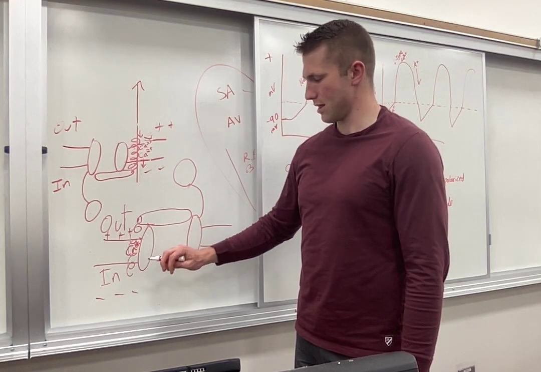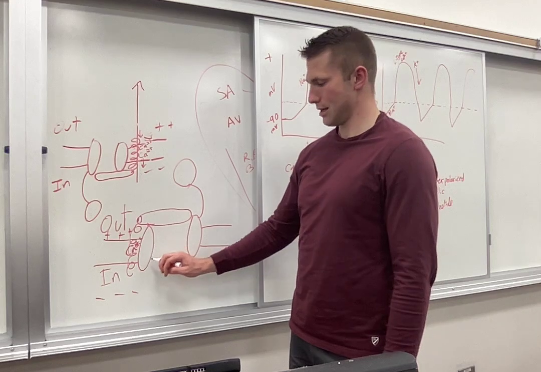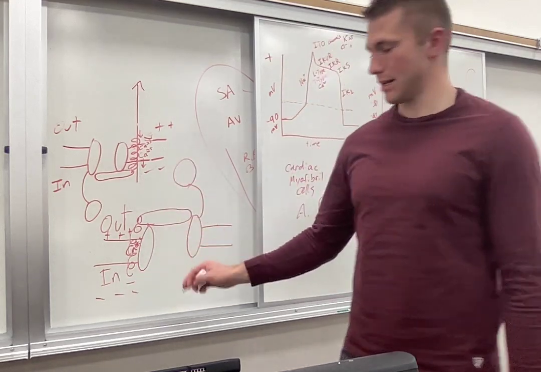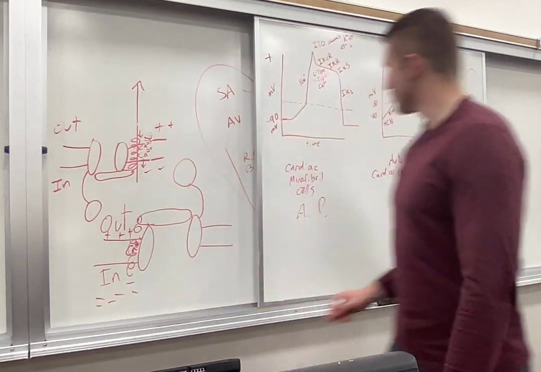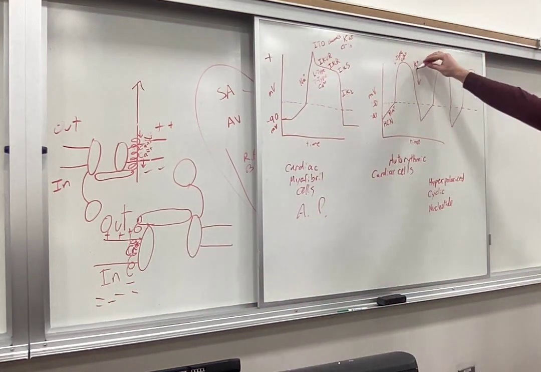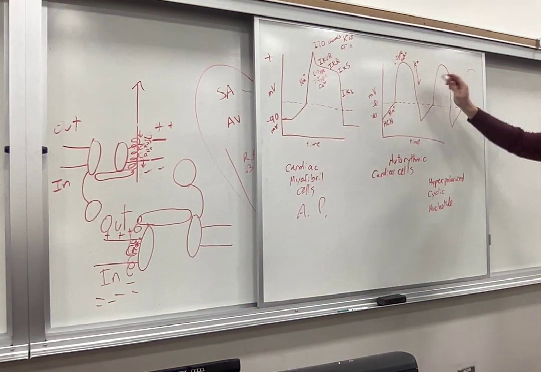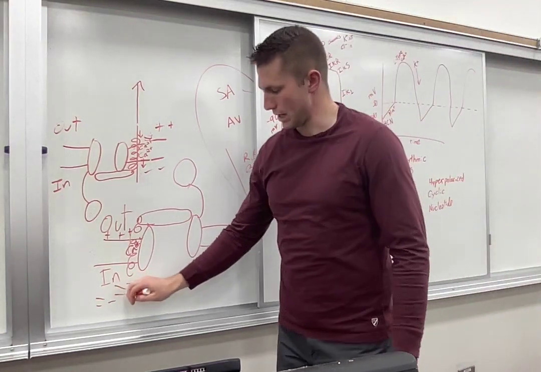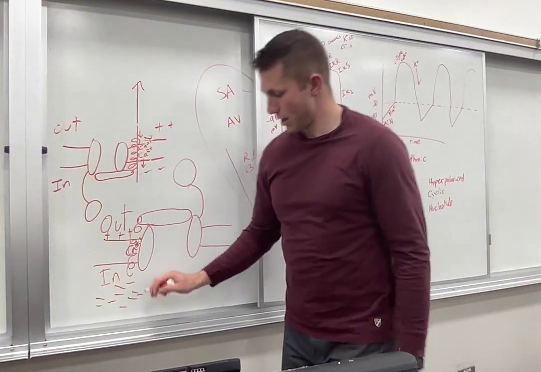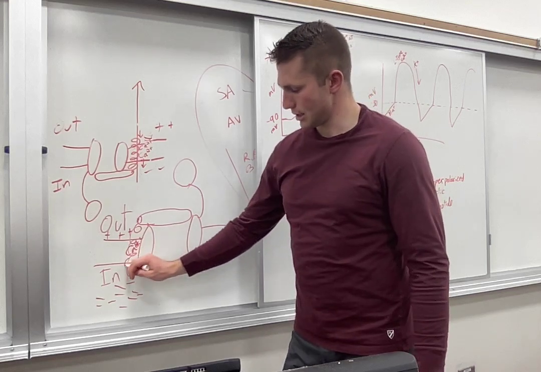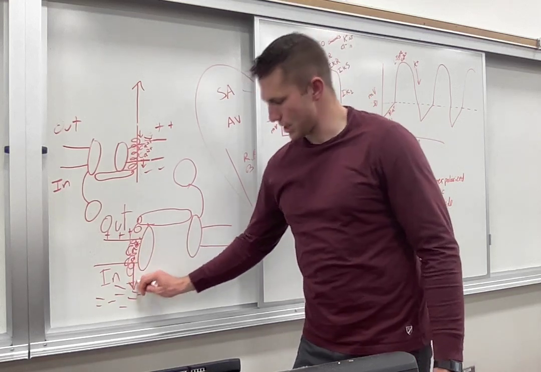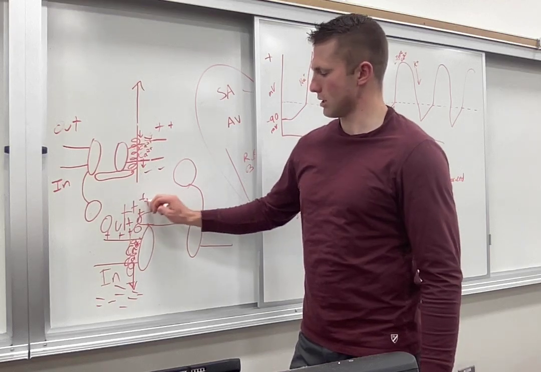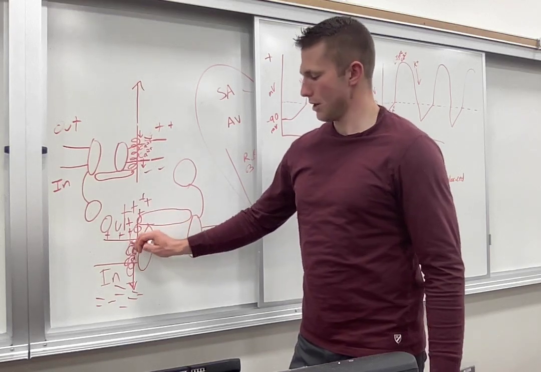If that's the case, then the more negative the inside of the cell becomes, the more hyperpolarized it is going down, the more negative charges there are down here, the more this calcium is attracted to this, which also means that the more positive charges that accumulate on the outside repel this.